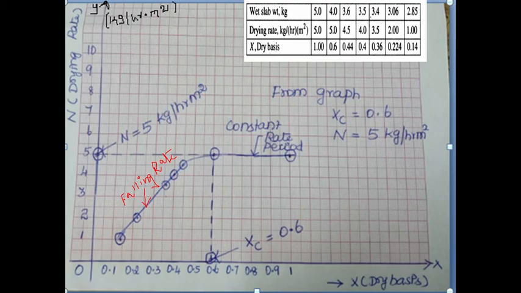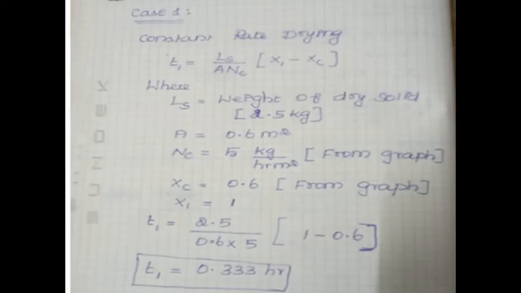In this problem we have three cases. Case number 1, constant rate drying. So drying time equation under constant rate drying, T is equal to Ls by A into Nc into X1 minus Xc. So this is case number 1, means the time is T1. T1 is equal to drying time in hour.